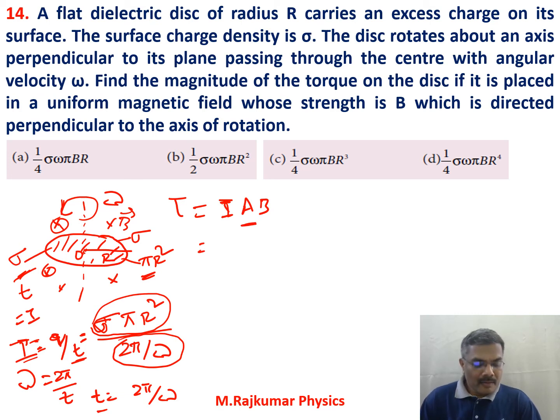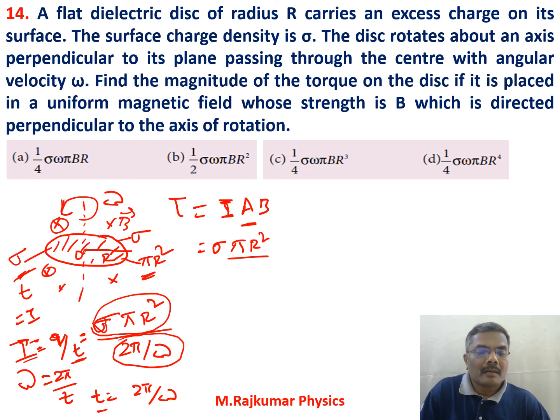So this is the current available in this disk: sigma pi r square divided by 2 pi by omega, into the area. The area of the disk is pi r square, but here I am taking it as half.